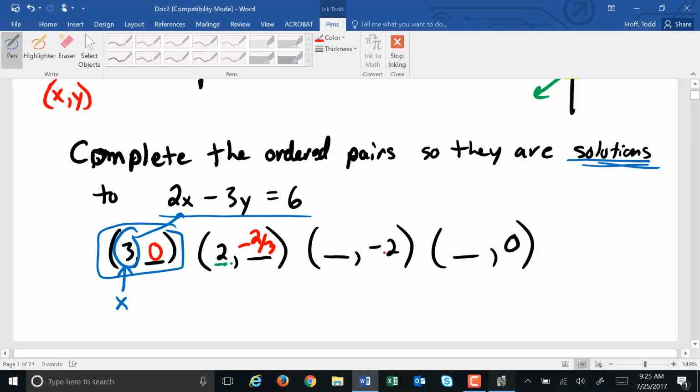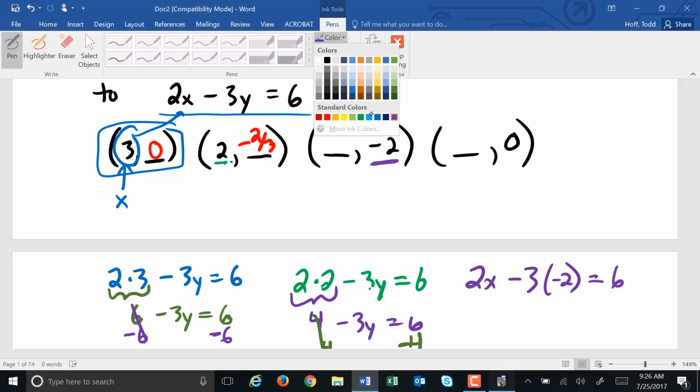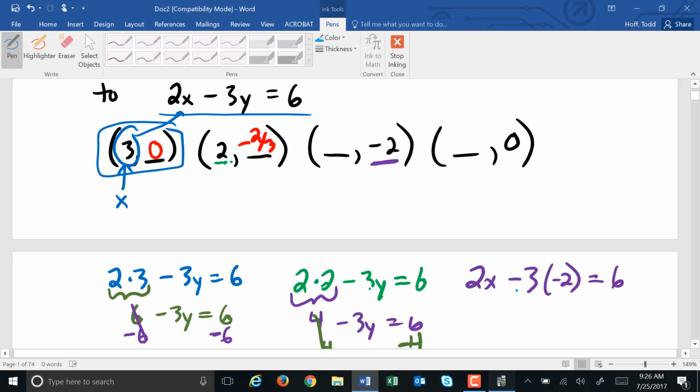For the next one, it's not x, but y that we're given. Y equals negative 2. So I'm going to write that as 2x is going to be there, but it's minus 3 times y. So 3 times negative 2 goes in for y, equals 6. So now I'm going to combine. I'm going to treat this as a negative 3 times negative 2, which is positive 6.